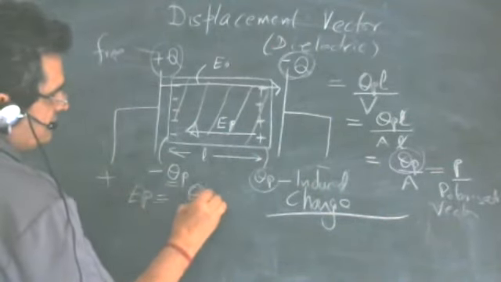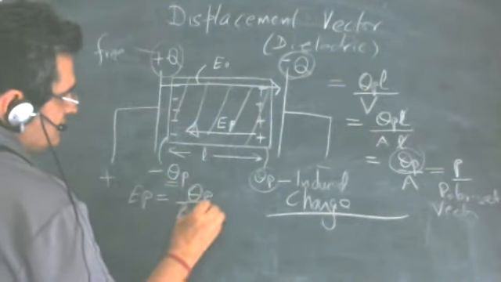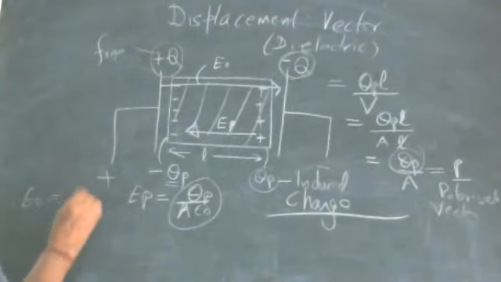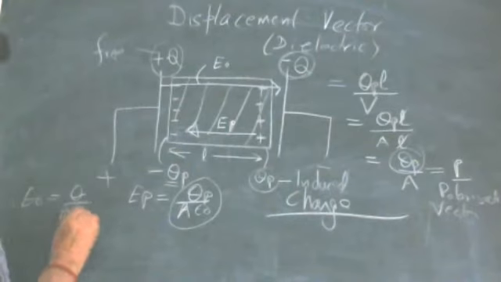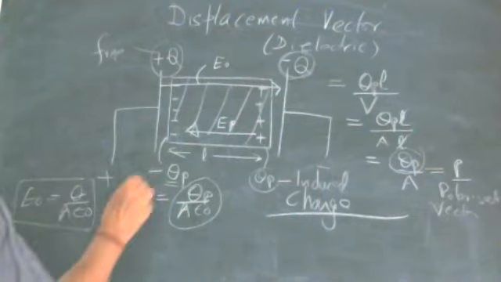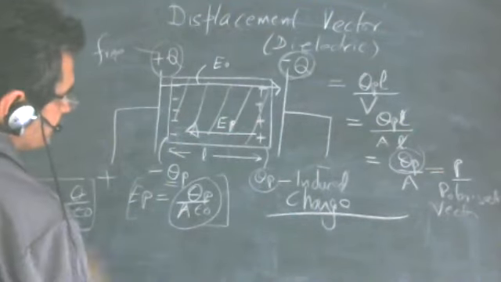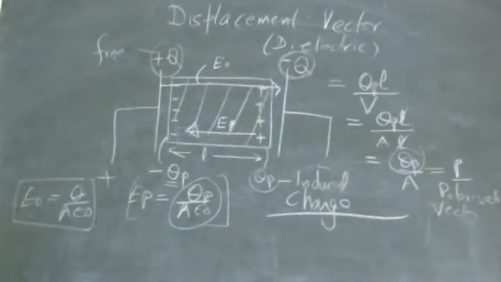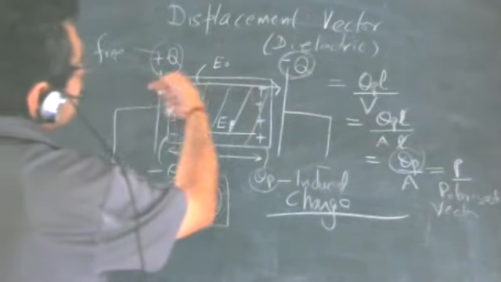EP will be QP upon A epsilon0, and the value of E0 we know is Q upon A epsilon0. These are the values of the electric field without dielectric, and the electric field produced by the induced charges of the dielectric, which is in opposite direction to the electric field of the plates.